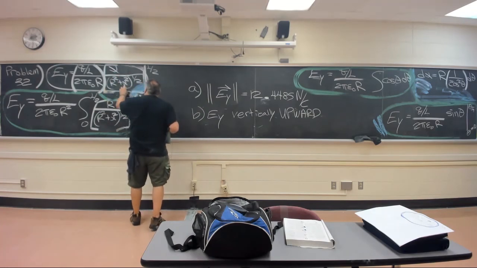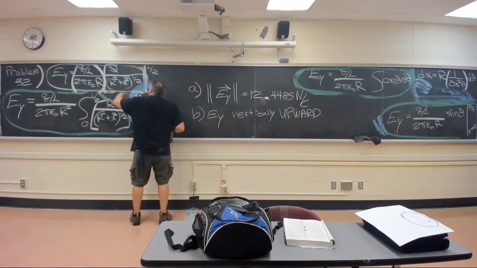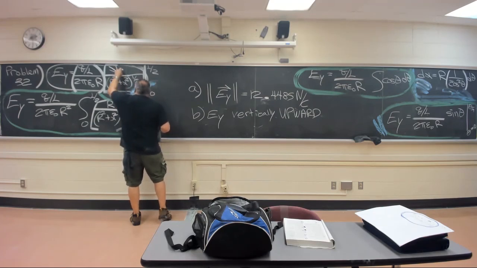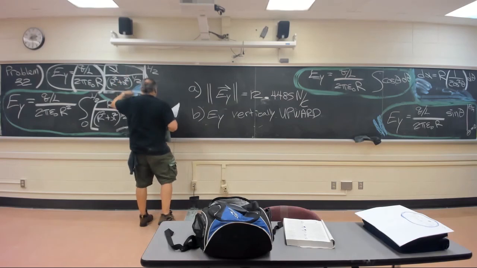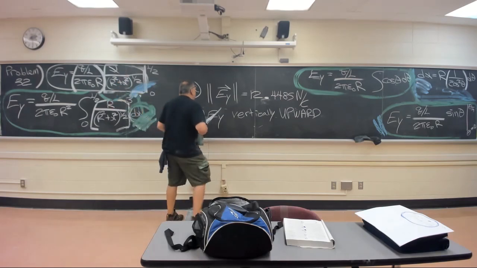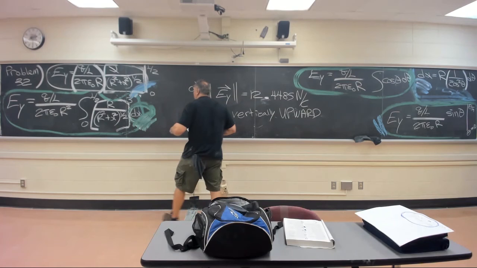L over 2 is right here. The quantity L over 2 squared plus r squared is a particular number. Square root it, it's an answer bigger than L over 2. This is L over 2. L over 2 divided by something bigger than L over 2 is a number less than 1.